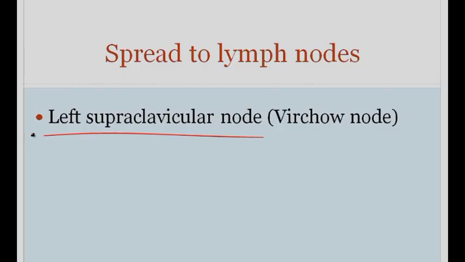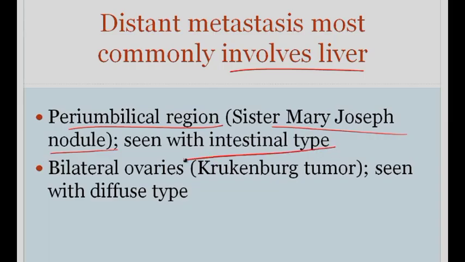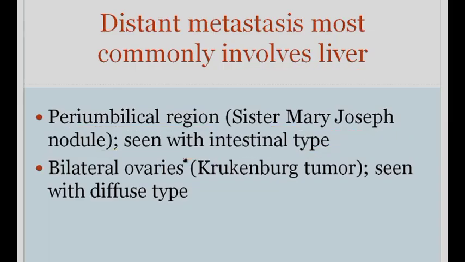When you get distant metastases, usually it involves the liver. However, there are some classic sites. One is the periumbilical region, called a Sister Mary Joseph nodule, which is classically seen with the intestinal type of gastric cancer.